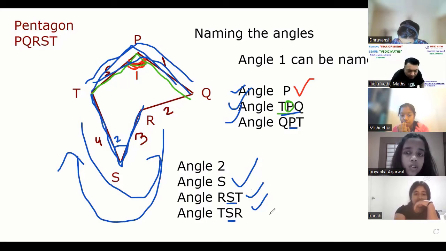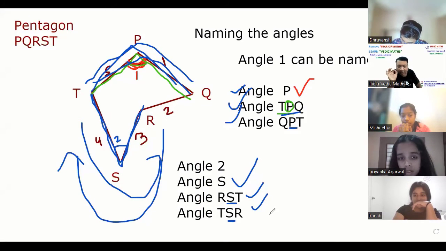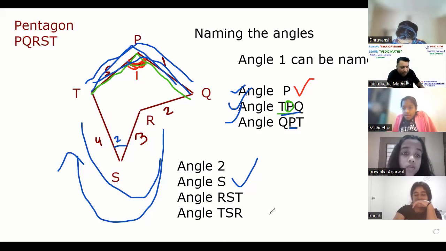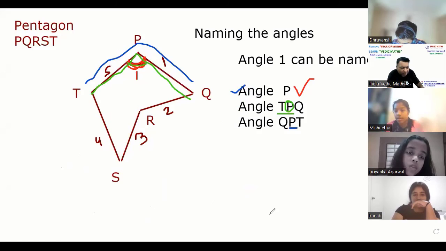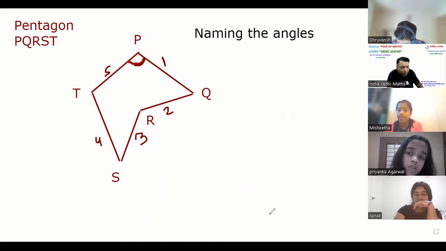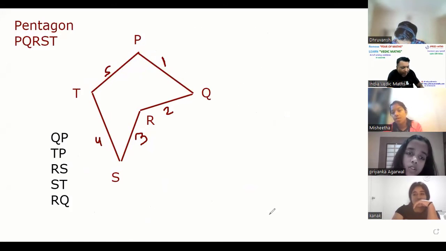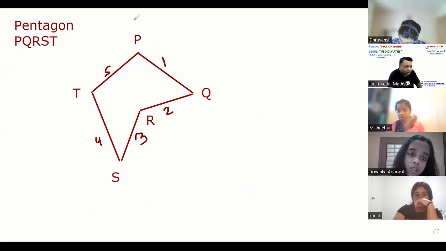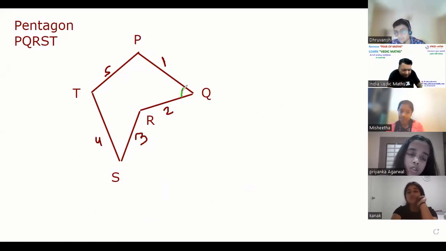Vedant, ask your question now. You just answered it. Very nice. So guys, this is the most common mistake people make in angles. The letter should be in the middle. Now, what I want all of you to do is, see the angle at Q, the green one.